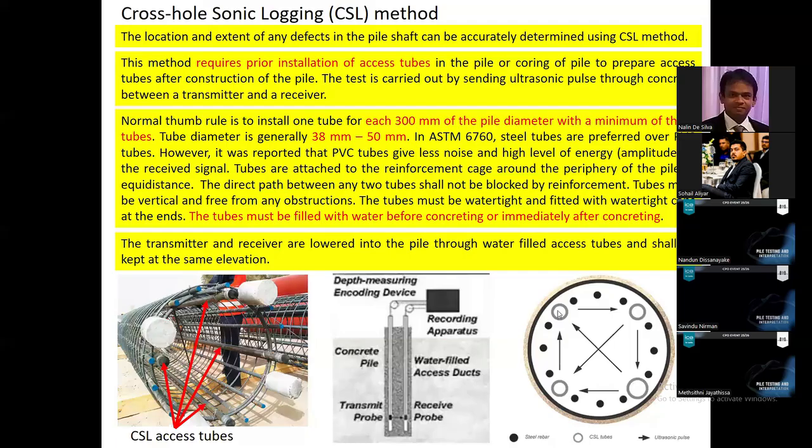Here you place the transmitter and the receiver, and the waves are sent between this tube and the second tube. Likewise, you can continue the test for different tubes, right? The arrow is showing the direction of the wave. Here you have the transmitter, there you have the receiver to detect the wave propagation.